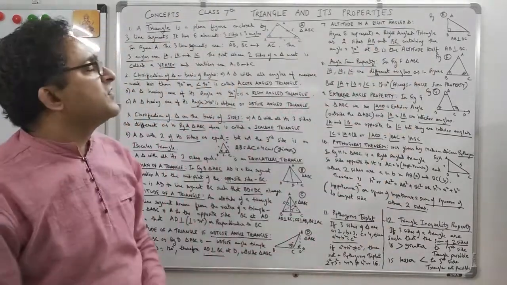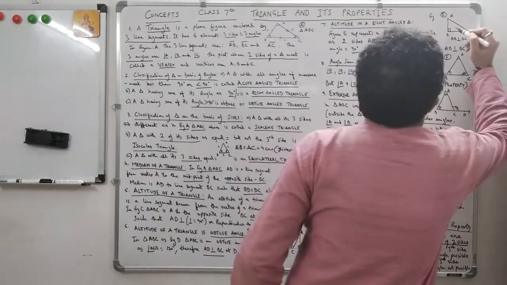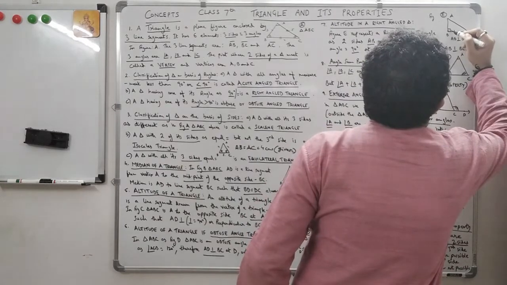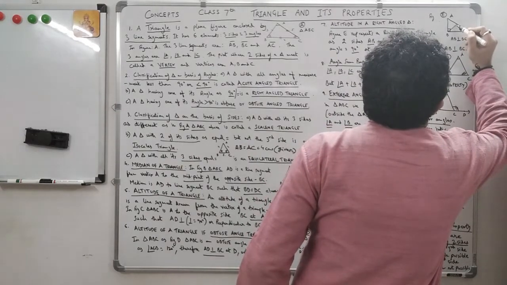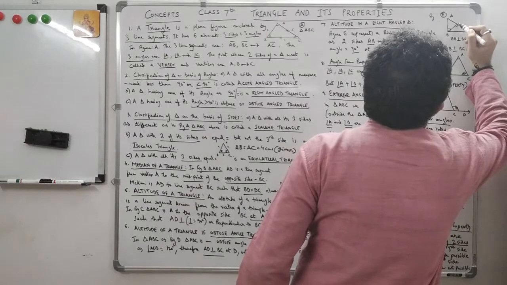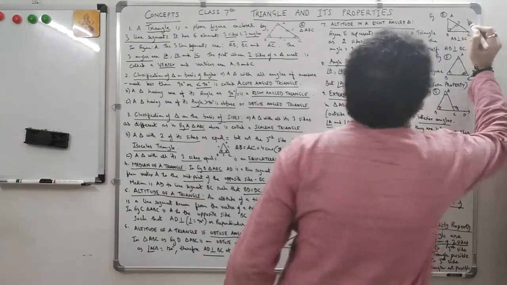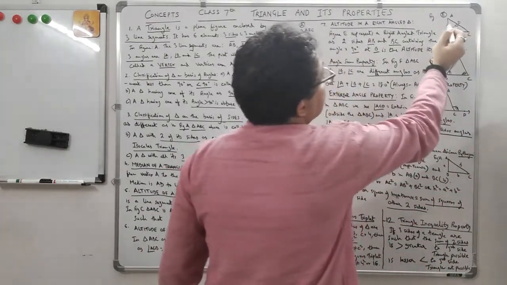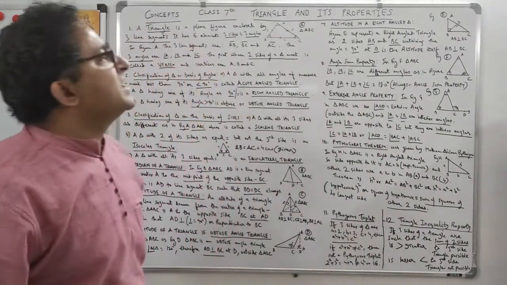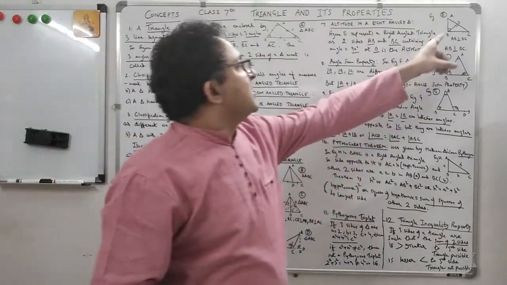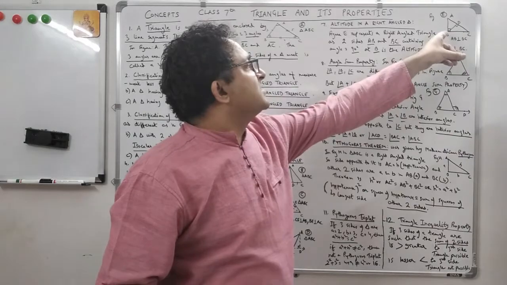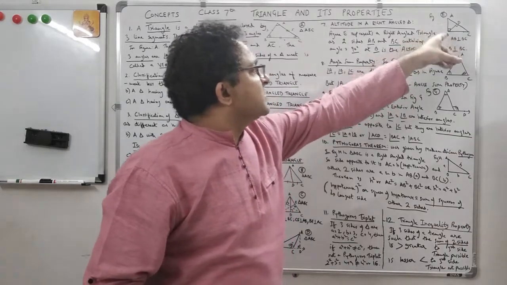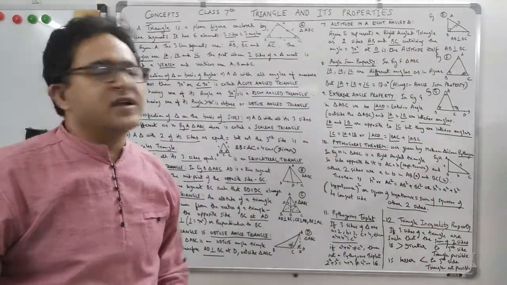Suppose you draw another line here, say D. So BD is not the altitude, because this is the right angle triangle with 90 degrees here. So this itself is the altitude in a right angle triangle.